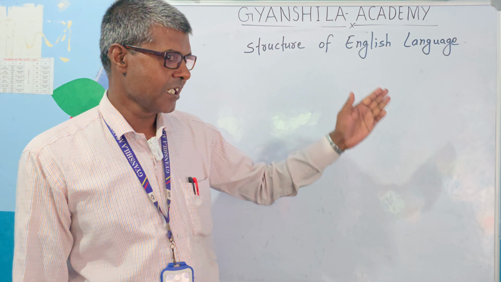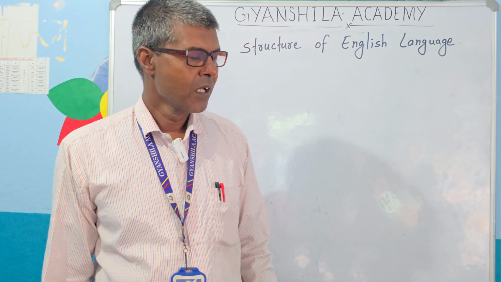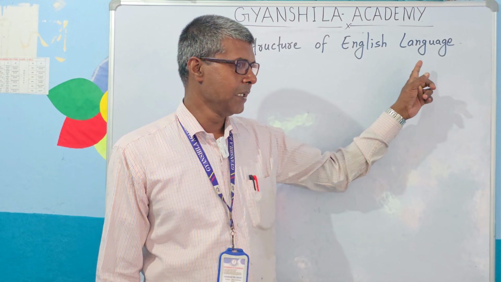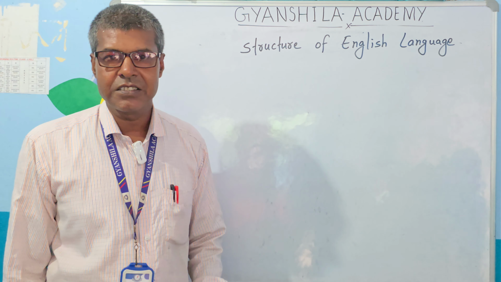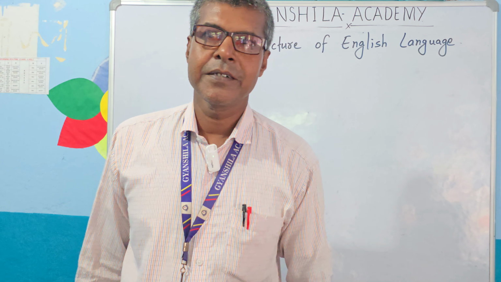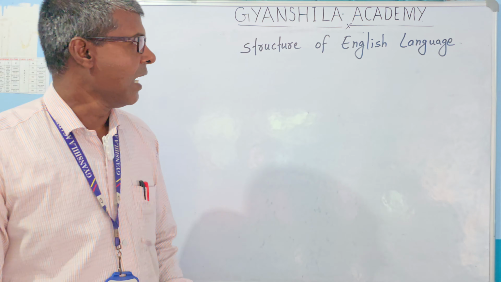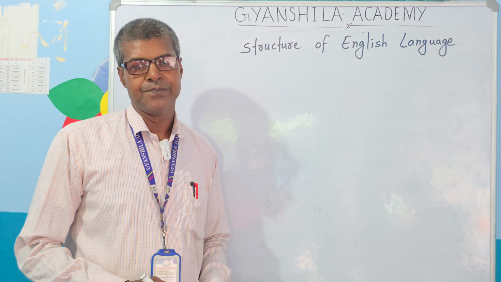As you know from earlier, I have started a series of classes on English grammar. The topic, as I already mentioned, is the structure of the English language. In this topic we have discussed some related points, and in this class we will proceed further.